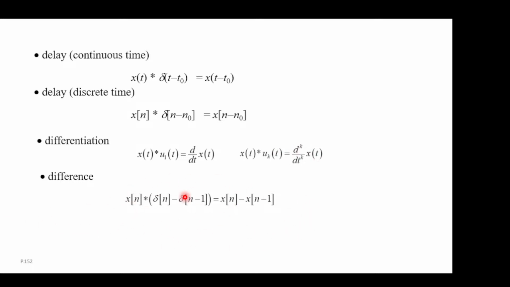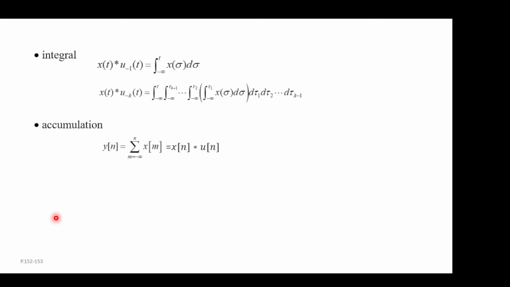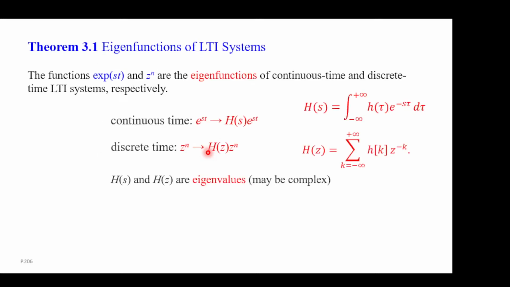But this difference function is not singular at all. It's just delta of n minus 1, and they give you x of n minus 1, because there is no derivative in discrete time. So that's exciting. And integration we talked about, and there is accumulation in discrete time, and that's u of n.